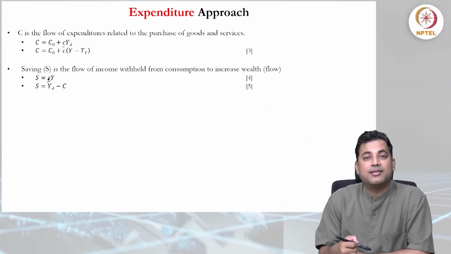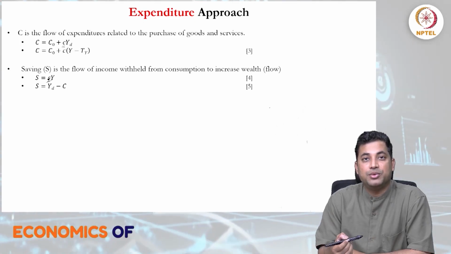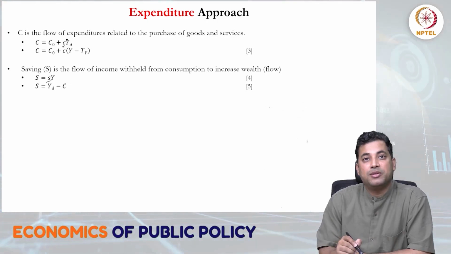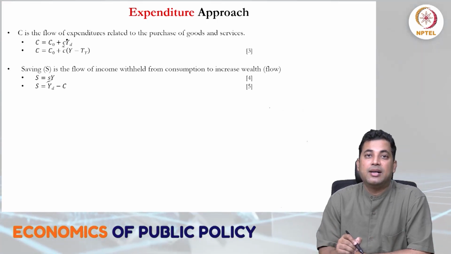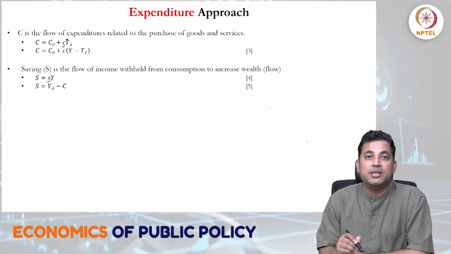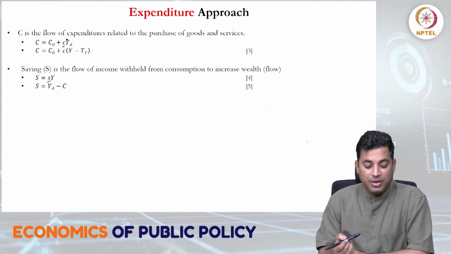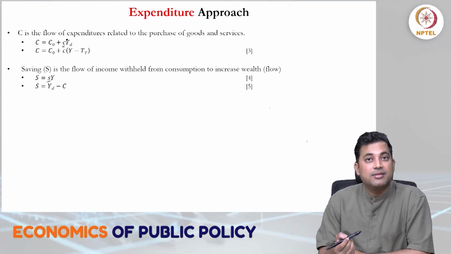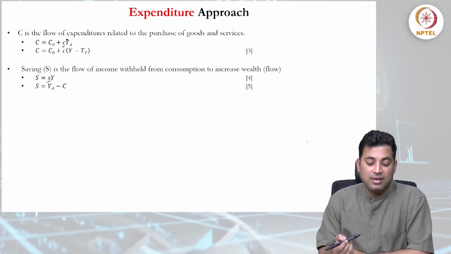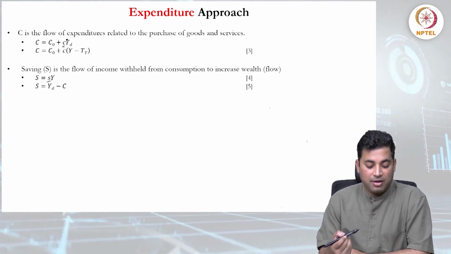Small s is the saving rate, one can also call it the marginal propensity to save, and small c one can call the marginal propensity to consume, the tendency to consume from the total output. And likewise, the marginal propensity to save is the rate of savings from the total level of output.